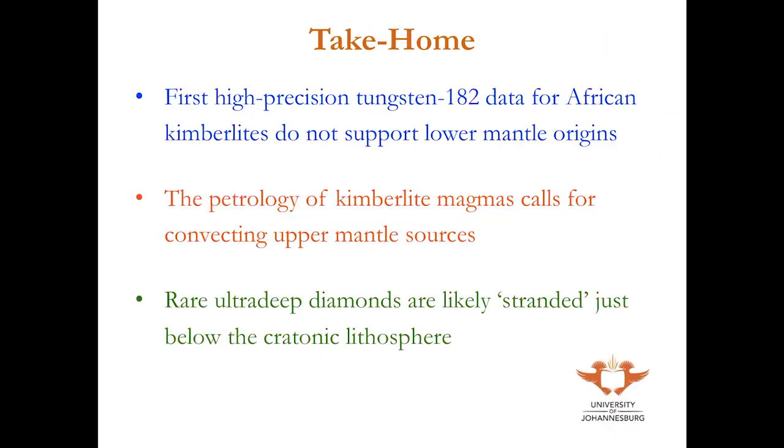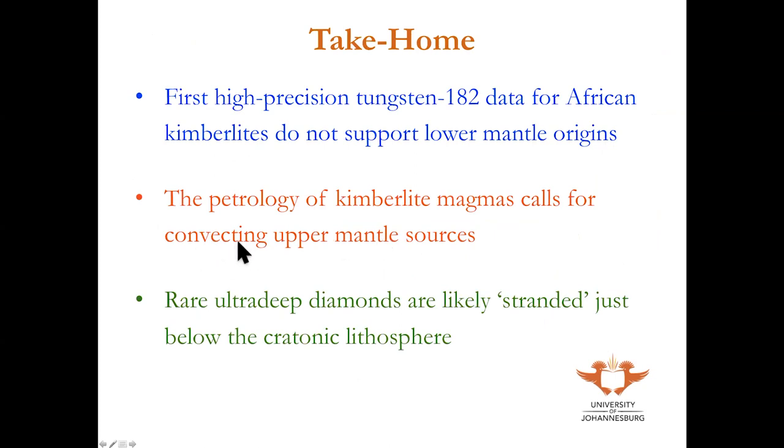And just a couple of take-home points, keep it simple, it's almost weekend. So I would say that the first high-precision tungsten-182 data for African kimberlites do not support lower mantle origins for these melts. If we resort to petrology, and I showed you the temperatures and the pressures of melt generation, an upper convecting mantle is just doing fine, and this is in line with all the other isotopes, with Craig Smith's earlier work on strontium and neodymium isotopes and so on.